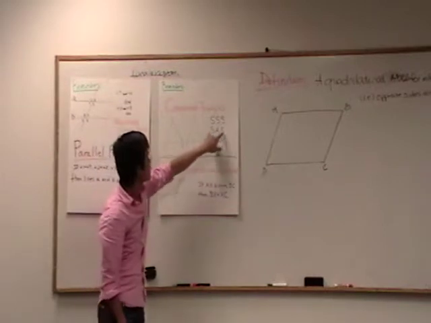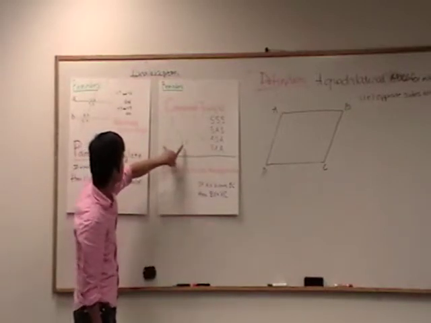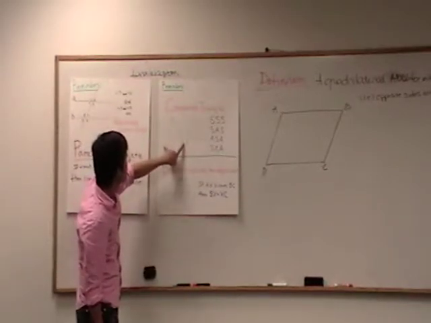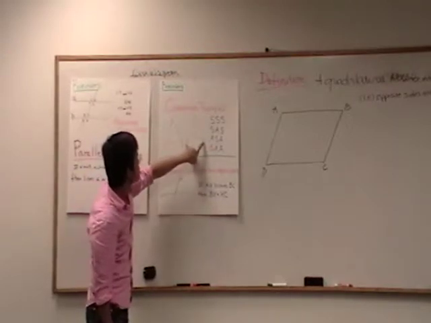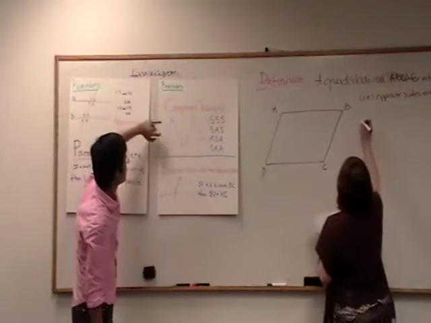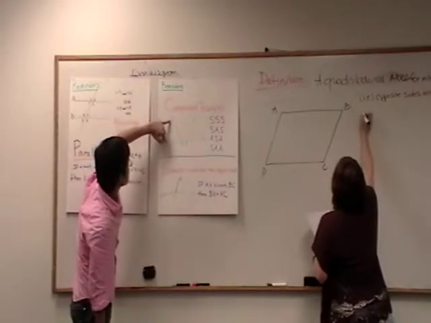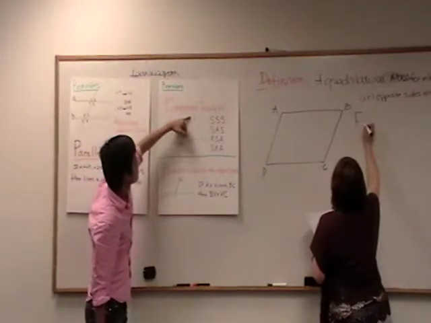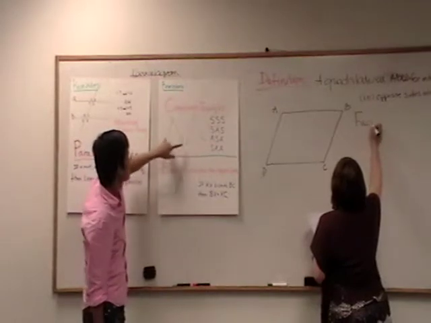And for side-angle-side, for example, CB equals ZY, angle C equals angle Z, and AC equals XZ. Those go together.